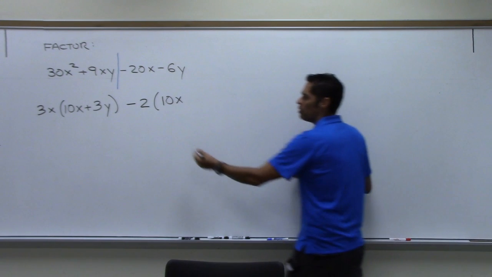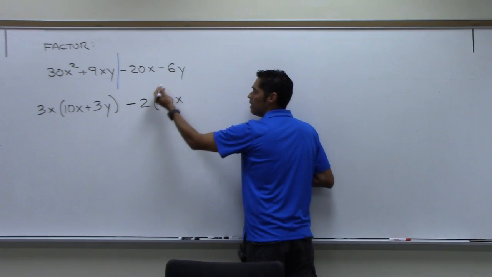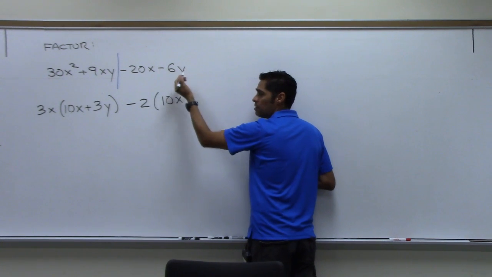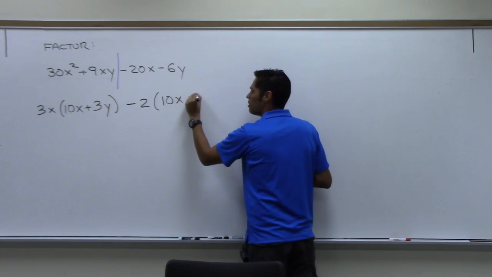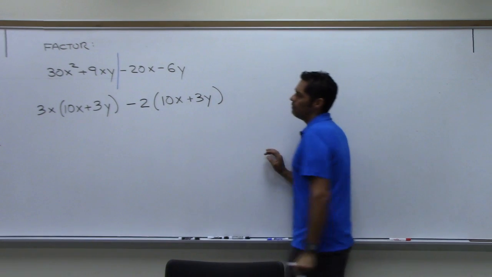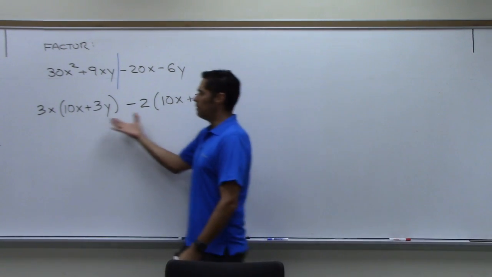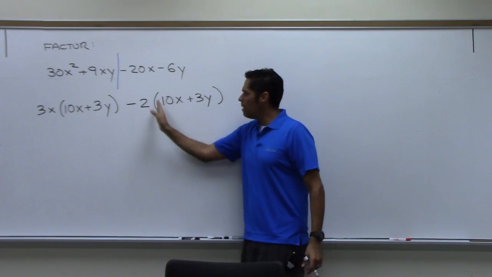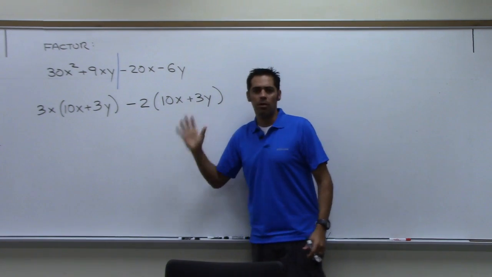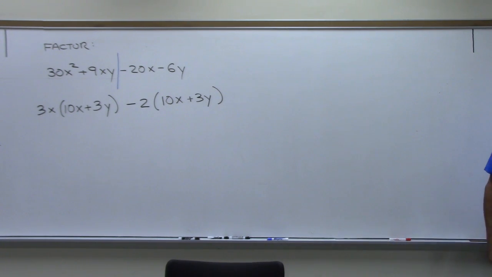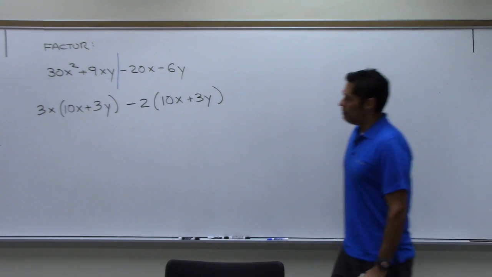And now what would you need to multiply negative 2 by to get negative 6? Positive 3. And you also need a y. So plus 3y. And fortunately for us, these 2 match, right? If these 2 do not match, and there's no way that you can tweak it to make it work, this grouping method fails. But in this case it didn't.